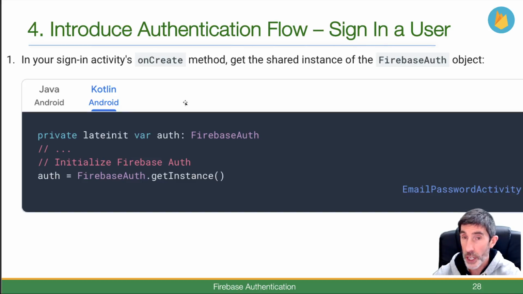The user has signed out, is now coming back in and signing back into your application. So again, we still need a Firebase Auth instance, which we're going to store in our auth. Again, this will be in the on create in our sign in activity. This will be essentially the same on the login screen, and in our examples we actually use the login screen for both signing in and creating a new user.